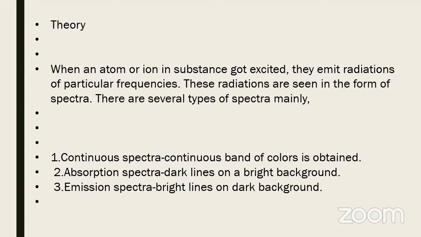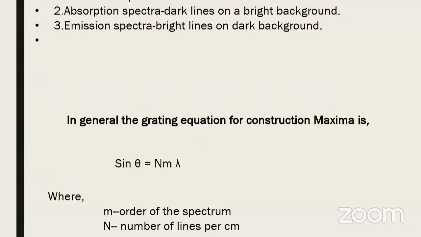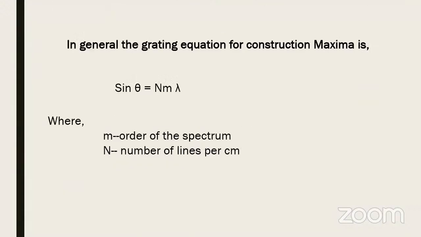Third, the emission spectrum, which shows bright lines on a dark background. In general, the grating equation for the constructive maxima is sin θ = Nmλ, where m is the order of the spectrum, N is the number of lines per centimeter, and θ is the mean angle from the experiment performed.